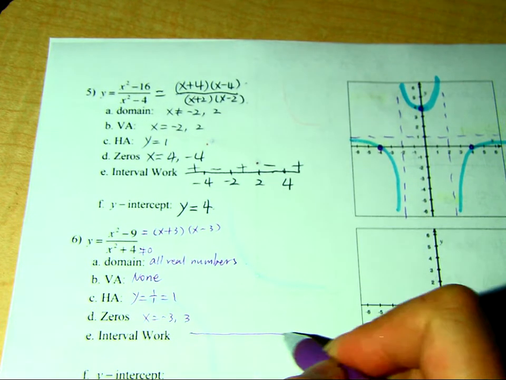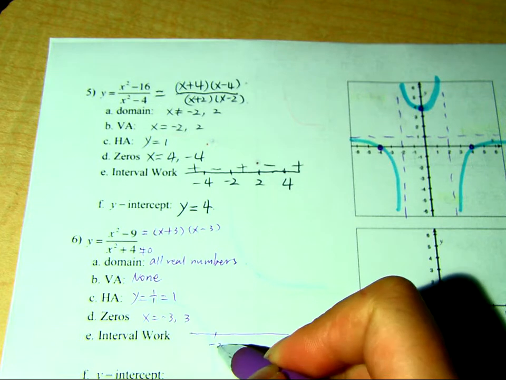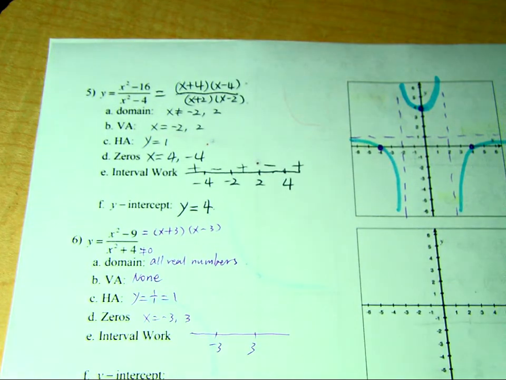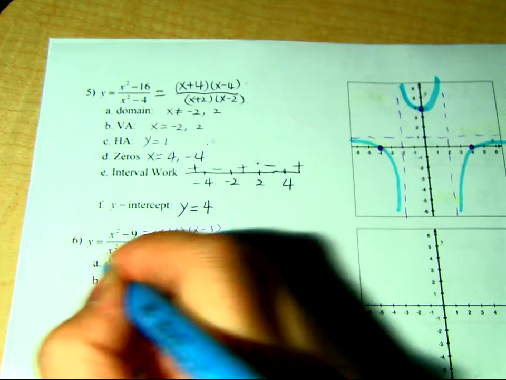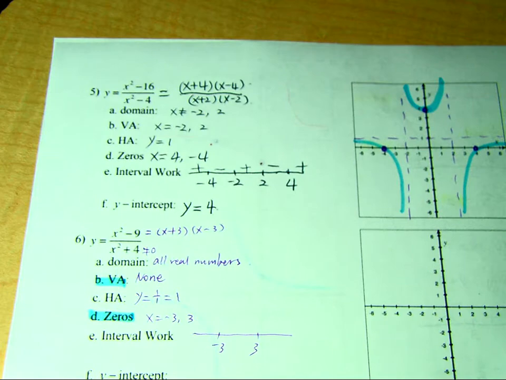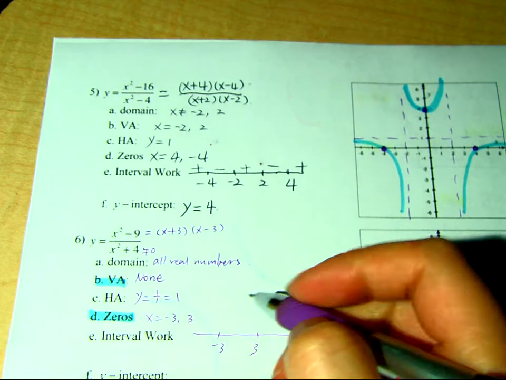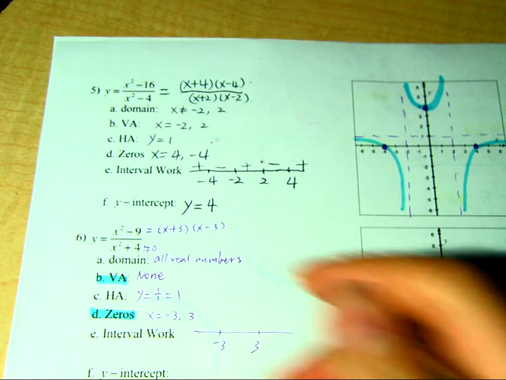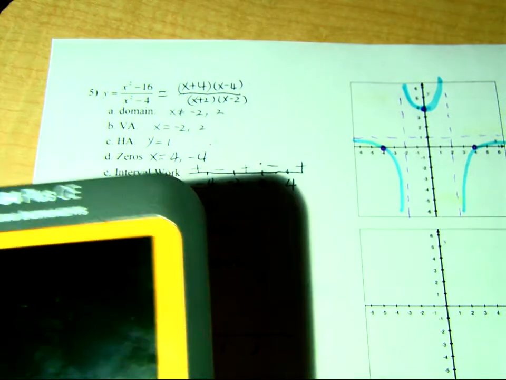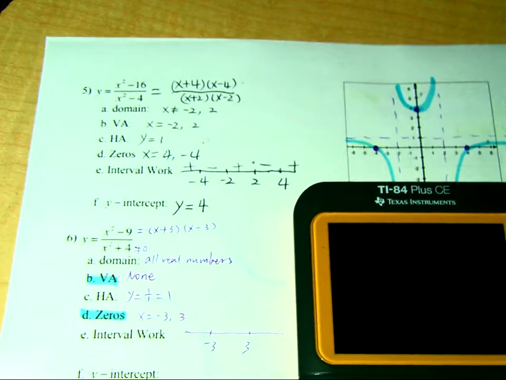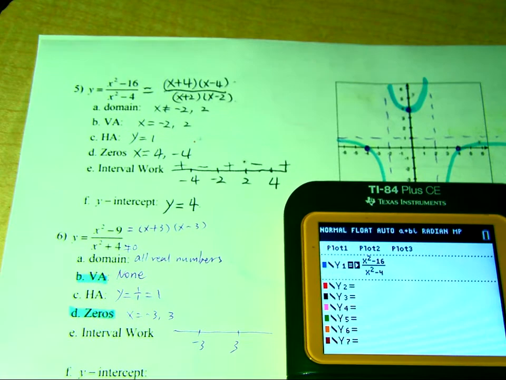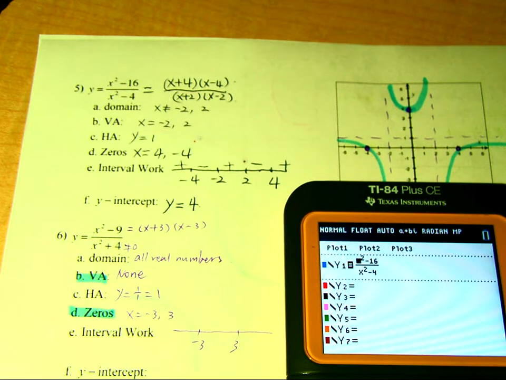Zeros, we make the numerator equal to 0, so we can factor this numerator to x plus 3 and x minus 3. So the zeros will be x equal to negative 3 and positive 3. After that, interval work. Negative 3, positive 3, because we need the zeros and the VA. There's no VA, so you only need to label the zeros. If you want to use a calculator, let's do so. Top is x squared minus 9. Bottom is x squared plus 4.